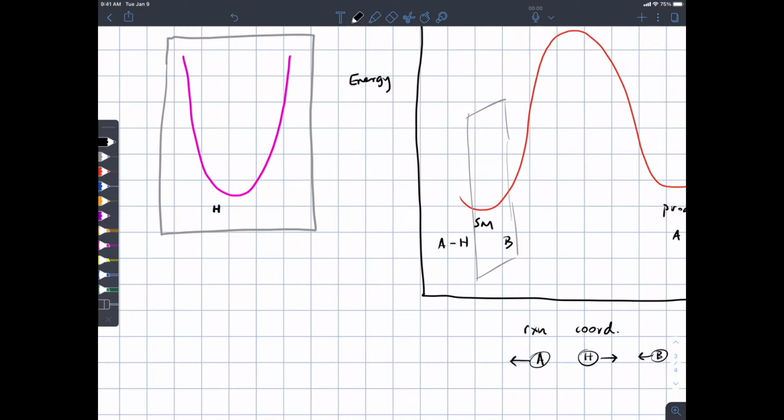I've got to make sure I get this right, because this is stuff where I'm somewhat weak. Hydrogen is here and B is here and A is here. This would be a stretch where A and B do most of the moving and hydrogen moves a little bit. It may move back and forth, not necessarily in time with A and B. We call that a symmetric stretch.